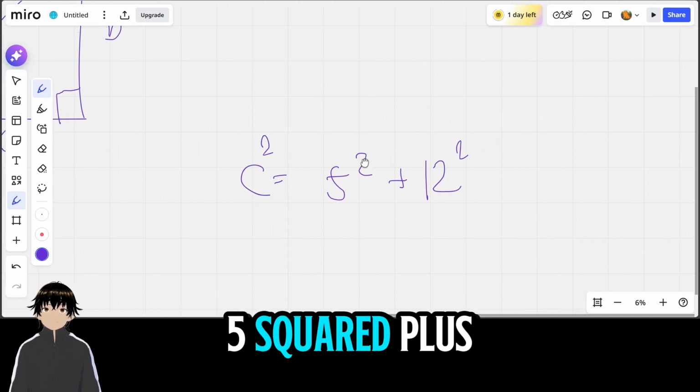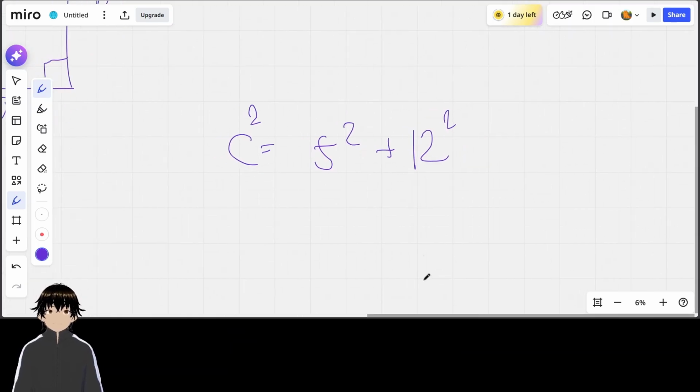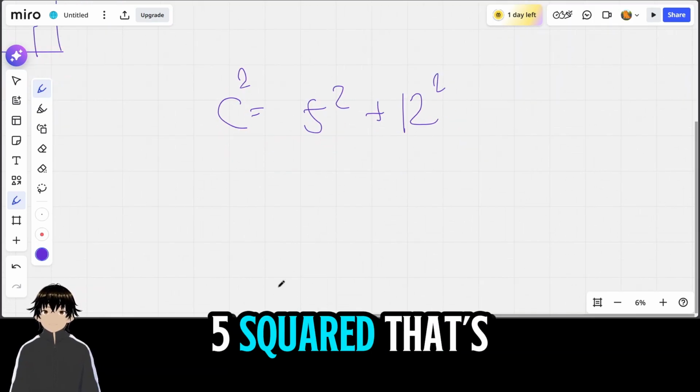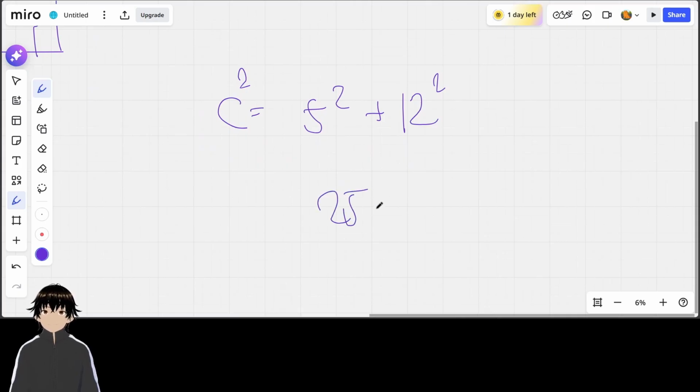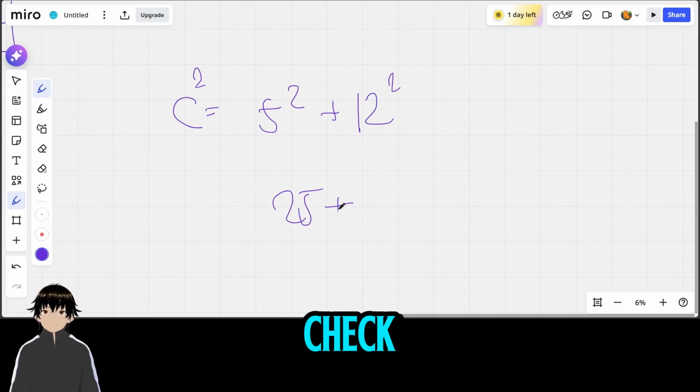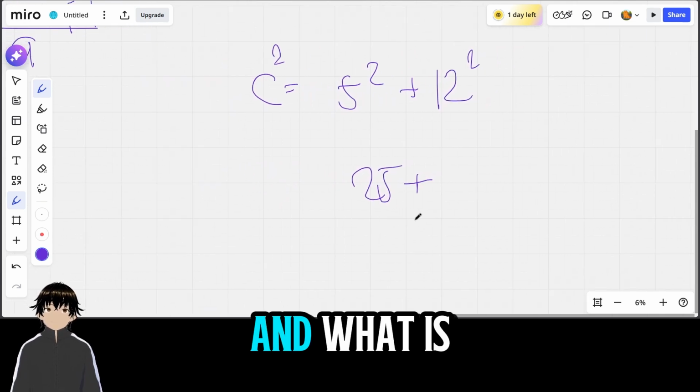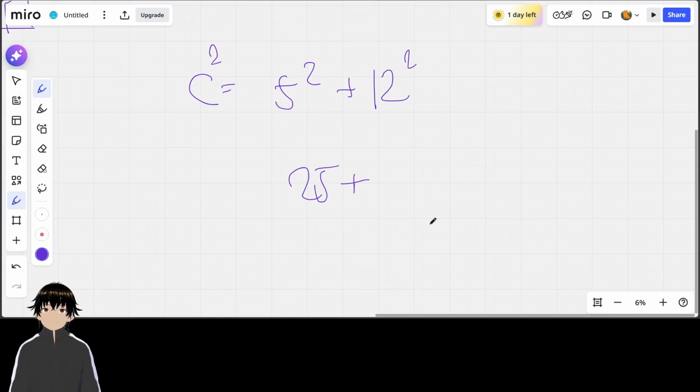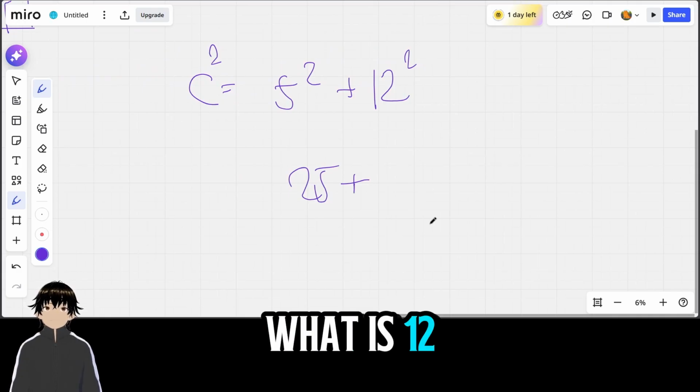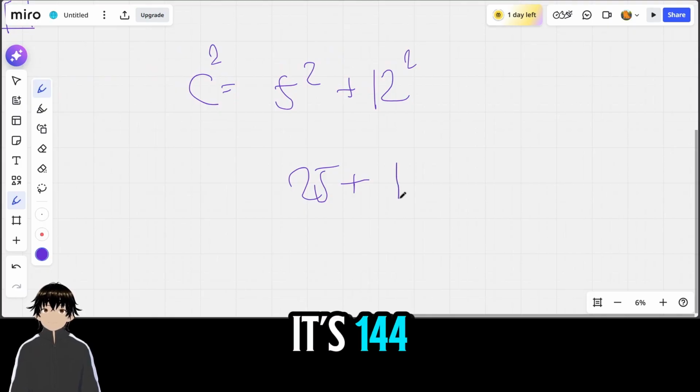So what is 5 squared? That's 25. And what is 12 squared? It's 144.